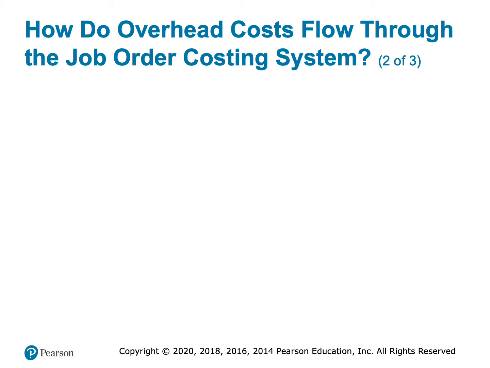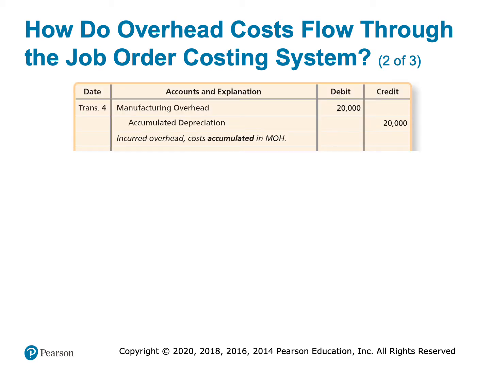So normally we would debit depreciation expense, but since this is a product cost now, we're not going to debit depreciation expense, we're going to debit an asset, and that asset would be overhead. So now I'm going to debit overhead, credit accumulated depreciation for $20,000. So these are just like the journal entries that we learned in financial accounting, except the debit has to change to be an asset now.